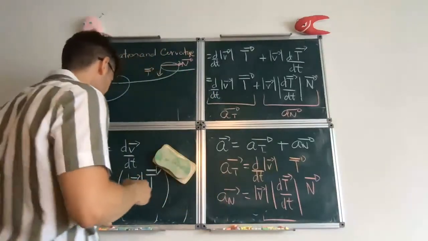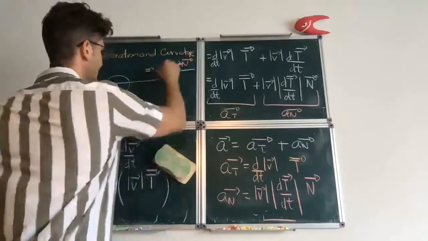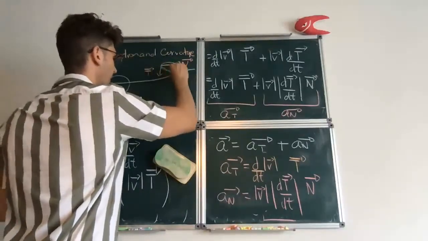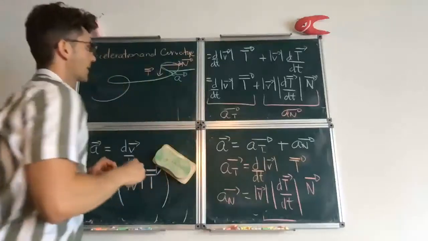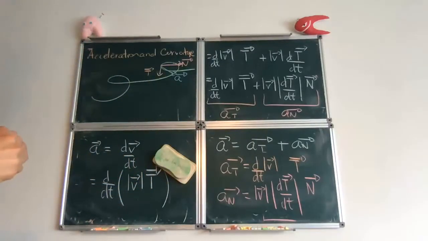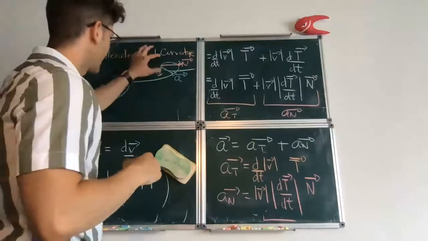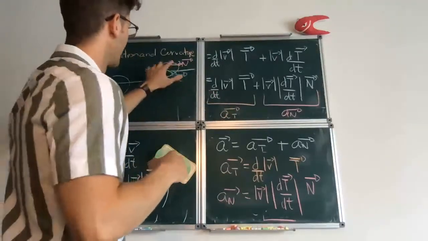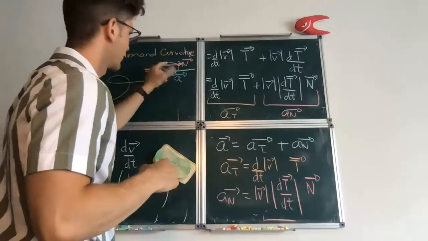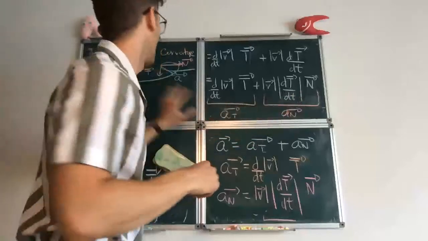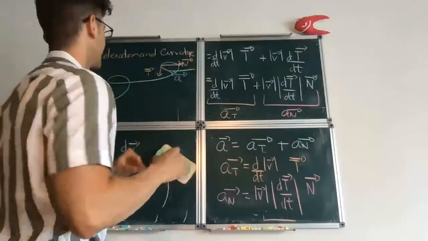So the acceleration of the particle, in this case, will look maybe something like this. Because you rescale the tangent vector by some factor, which is this one, and then you rescale the normal vector by another factor, which is this one, and the sum of those gives you the acceleration.